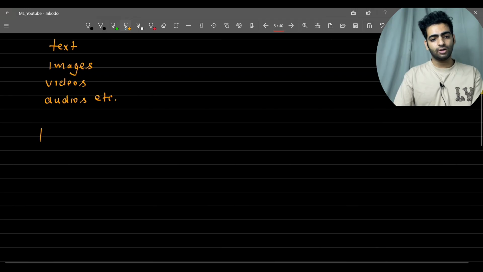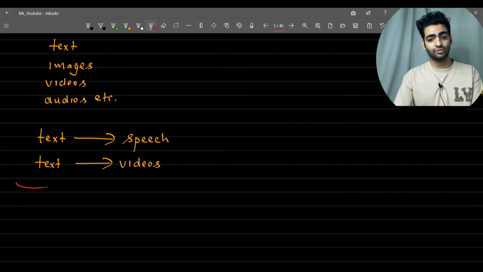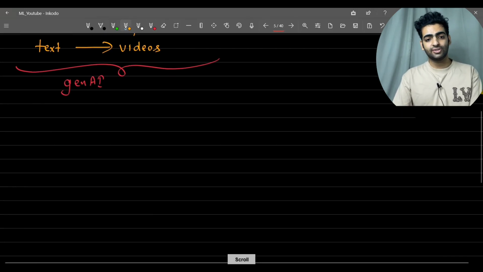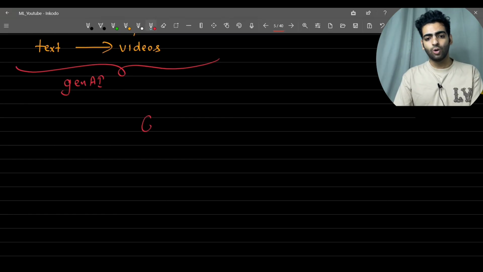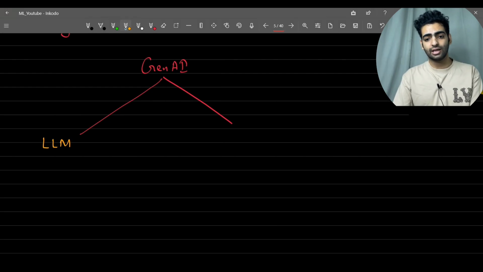Let's say if I have to convert some text into speech, or convert text into a video, that is also possible because of Gen AI. That's one of the use cases of Gen AI. By the way, the whole of Gen AI is categorized into two categories. We have the LLM models and then we have the LIM models.